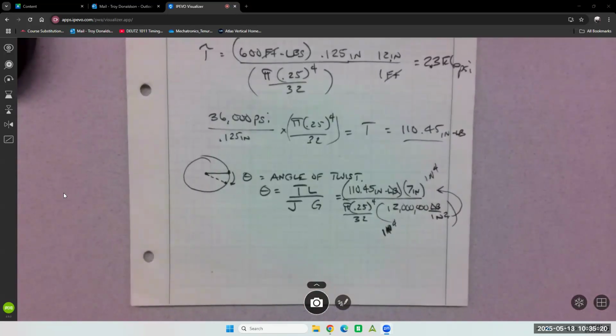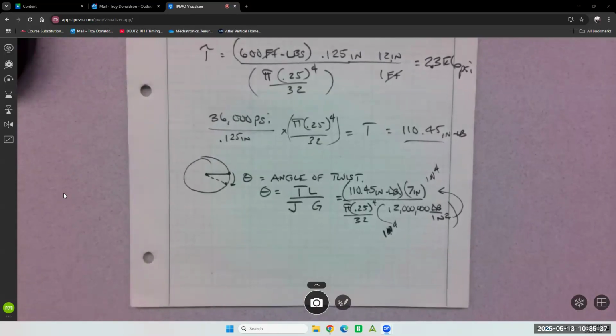So angle of twist is unitless. What is a unitless angle? Anyone know? Radians, yeah. So the equation gives us the angle in radians. I know, sad face, I agree.